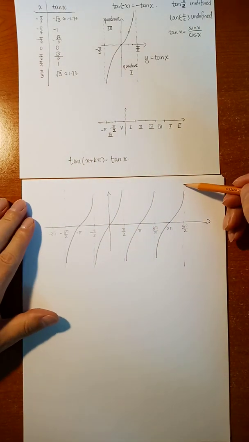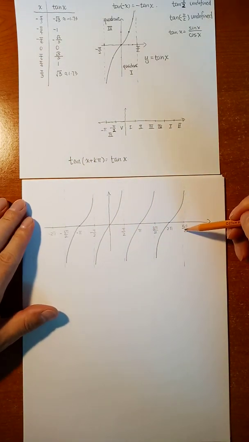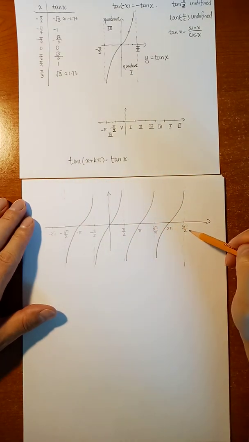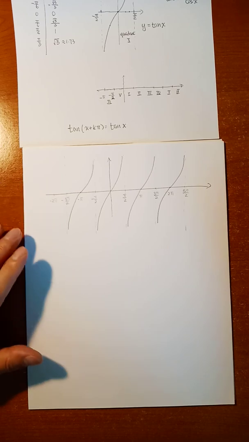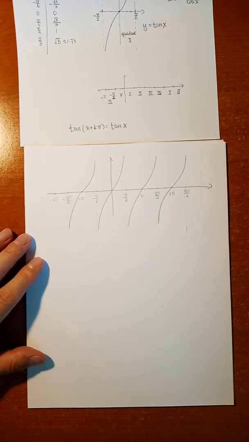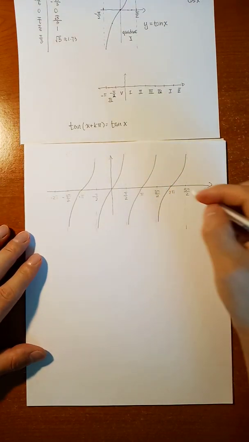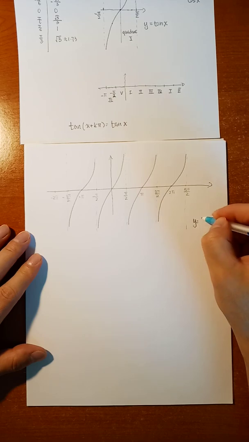And they have the vertical asymptotes pi over 2, 3 pi over 2, 5 pi over 2, negative pi over 2, negative 3 pi over 2, negative 5 pi over 2. Okay, so this is a complete graph y equals tangent of x.